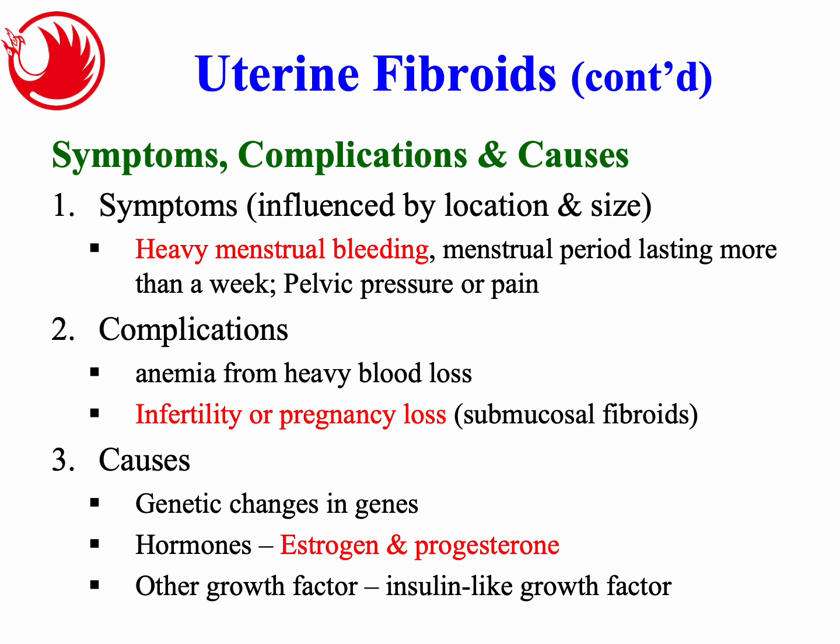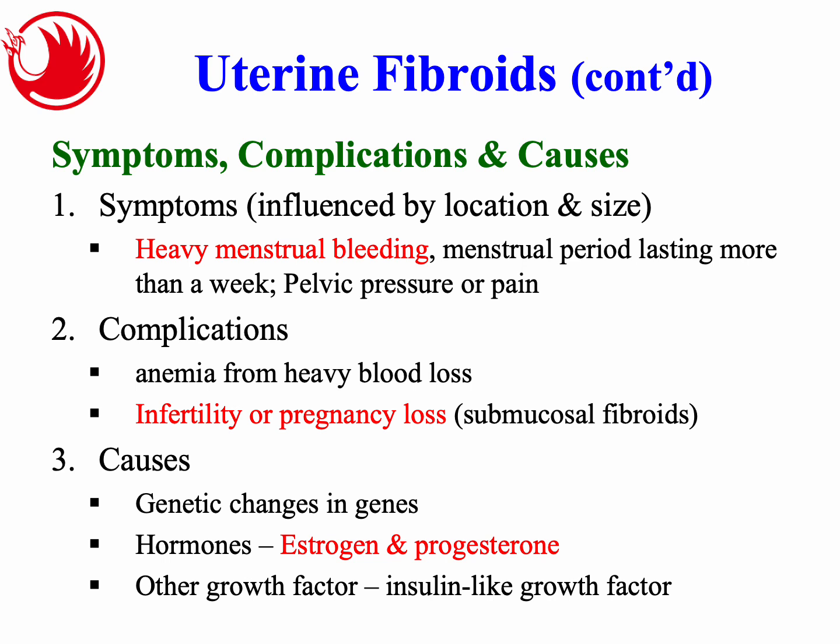Another factor is that substances like insulin-like growth factor can also contribute to fibroid development, because they stimulate cell proliferation in the uterine fibroid tissue.